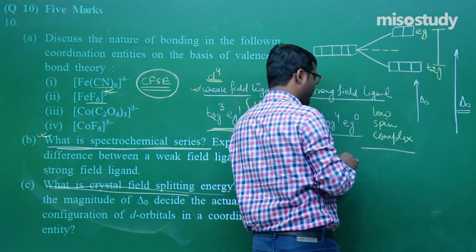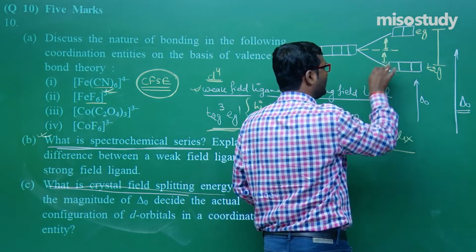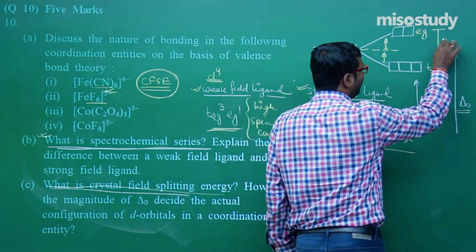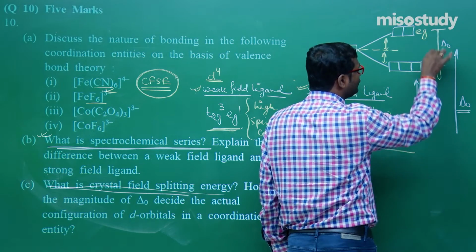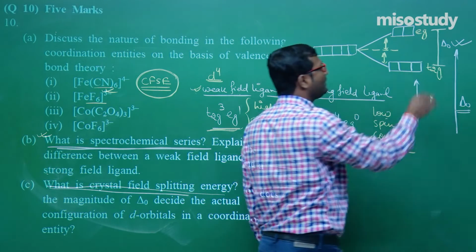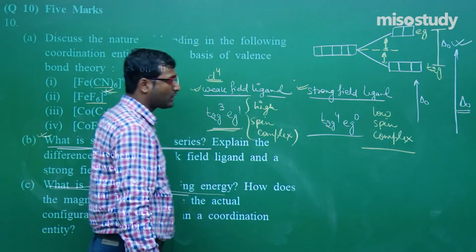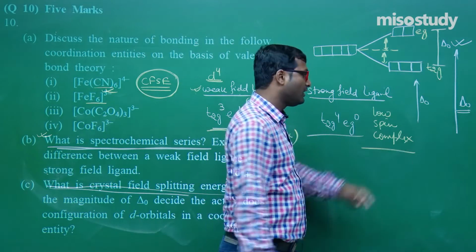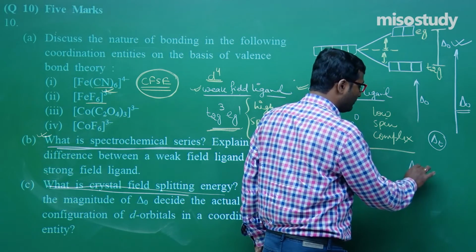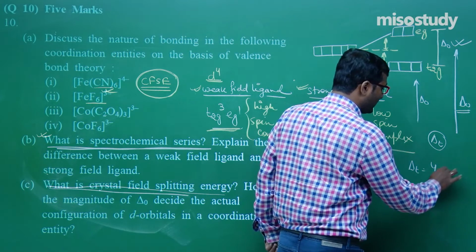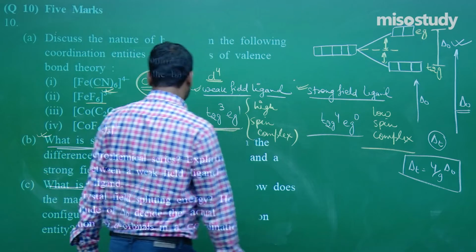This is the barycenter, and for octahedral complexes this is the case, my friend. Now the energy gap between the t2g and eg is known as crystal field splitting energy. For an octahedral complex this is delta naught, for a tetrahedral complex this is delta t. And what is the relation between them? Delta t is 4/9 delta naught, my friend. Clear to you? This is crystal field splitting energy.